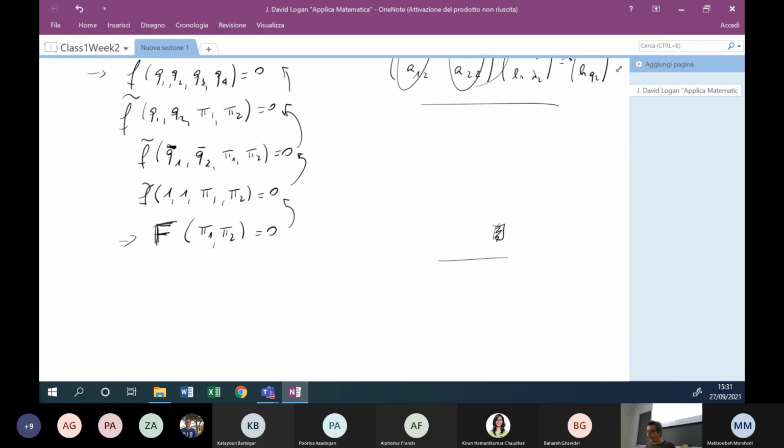So suppose that at some t equal to 0, I have some heat which is concentrated in r equal to 0.